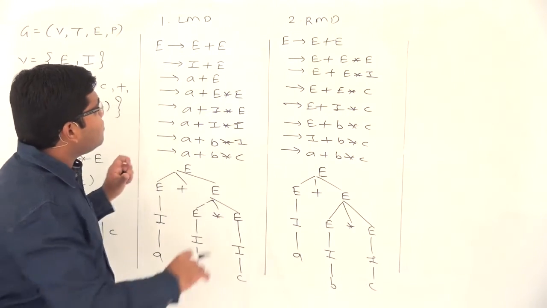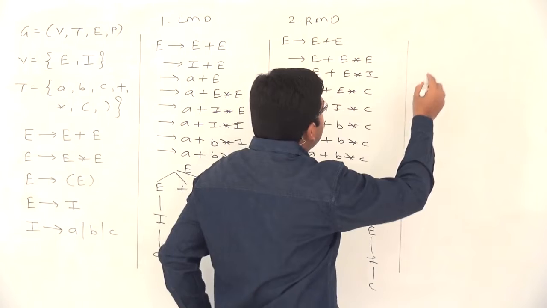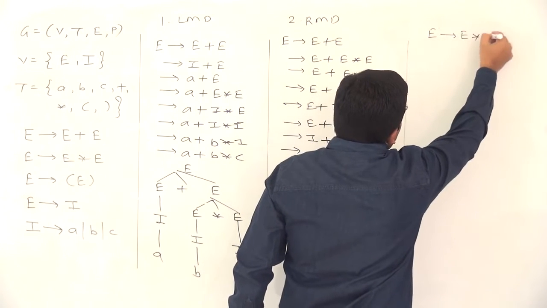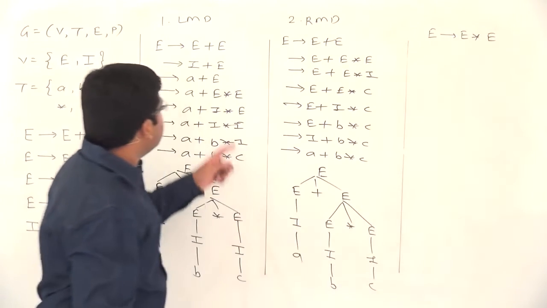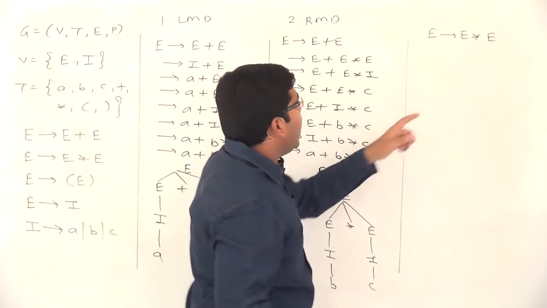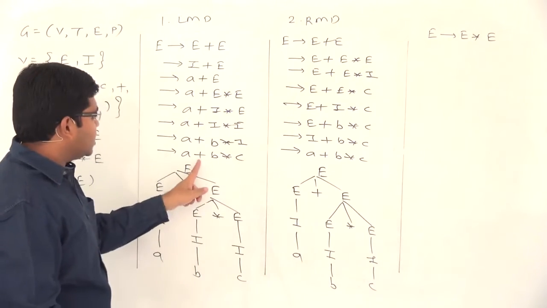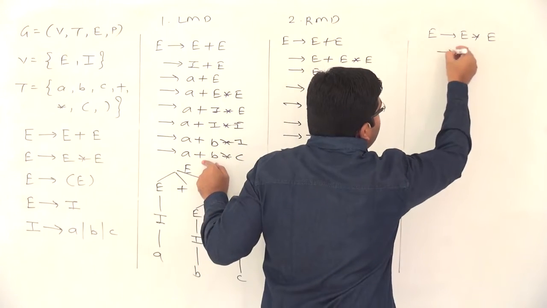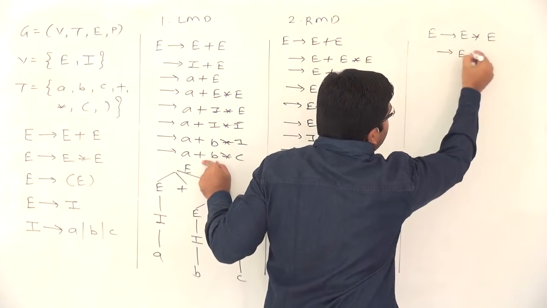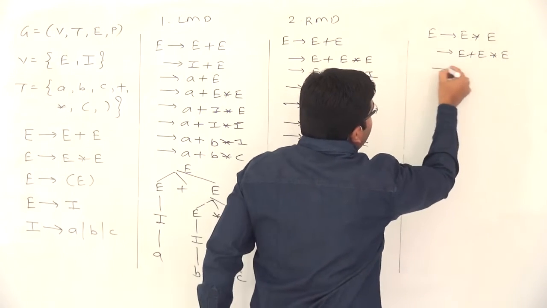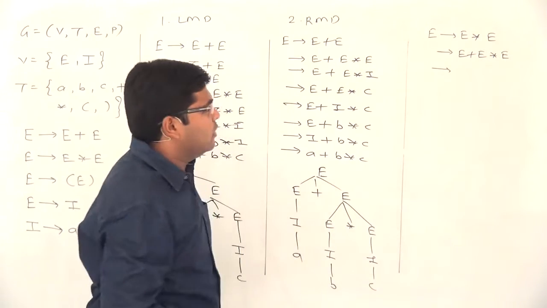And now let us do one more derivation, wherein we will start with the production E produces E multiplied by E. Now in both the earlier cases we started with E plus E; here we will start with E multiplied by E, and we need a plus sign to the left hand side of the multiplication. So we will expand this E with E plus E multiplied by E, and then follow a leftmost derivation, for example.